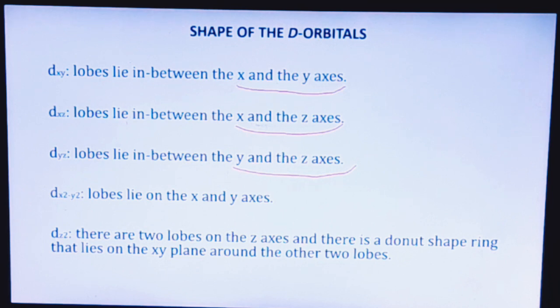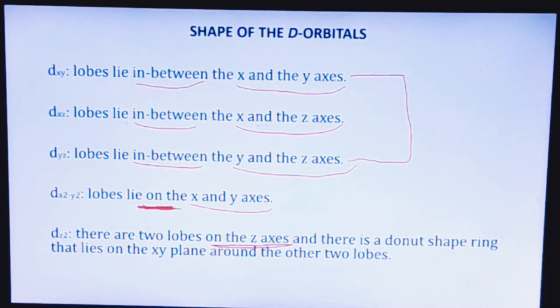And the dx²-y² loops lie, take note of this, on the x and y axis. Then the dz² loops lie on the z axis. So the dxy, dxz, and dyz all lie in between the axes.